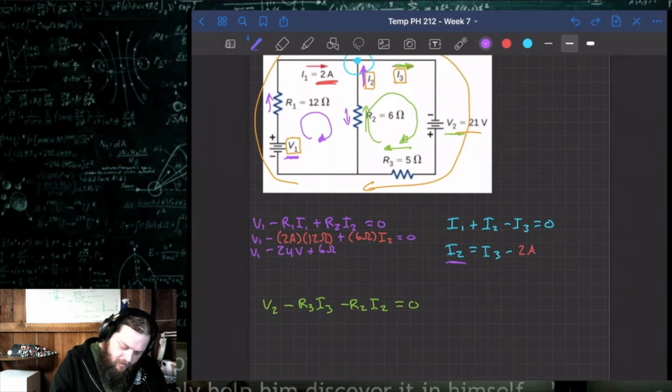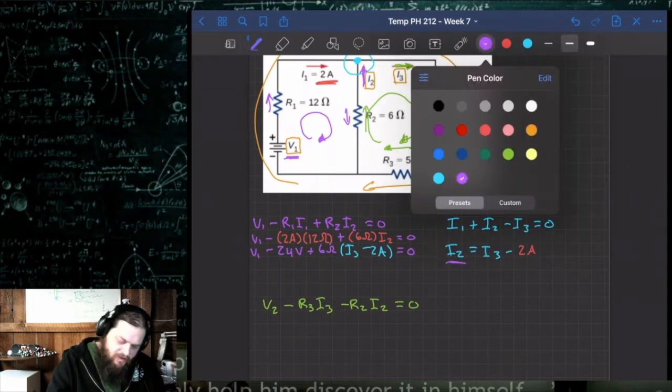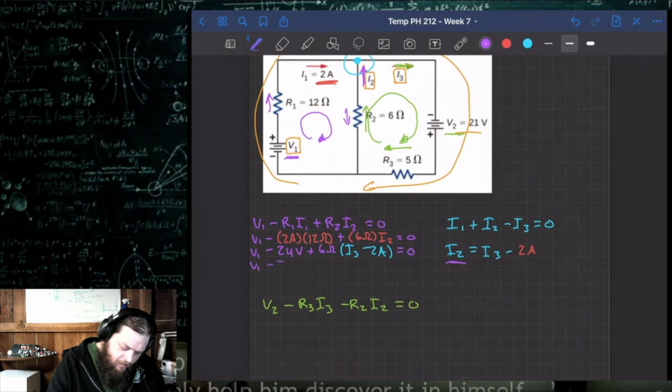That's 6 ohms times I3 minus 2 amps, still equal to 0. I can do a little bit of distribution there. Just to simplify a little bit, it's V1 minus 24 volts plus 6 ohms times I3 minus 12 volts equal to 0.